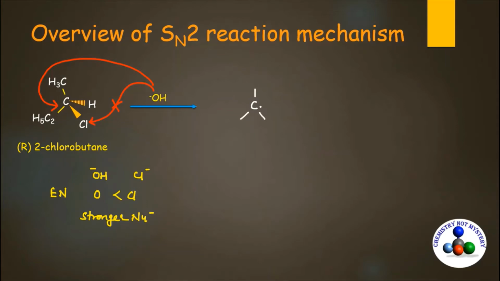In this transition state, carbon is bonded with 5 atoms at the same time. Here, methyl is bonded with carbon, here hydrogen, and here ethyl is bonded with the carbon. And when the bond between carbon and Cl is breaking, at the same time bond between oxygen and carbon is forming.